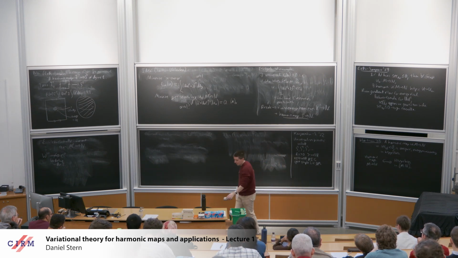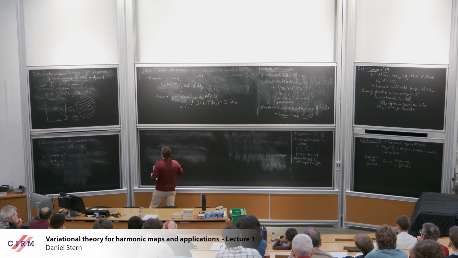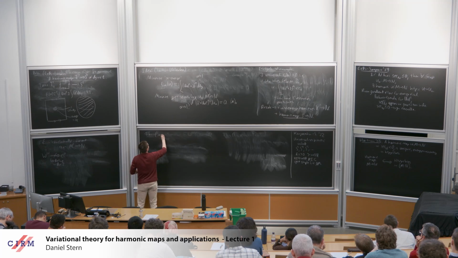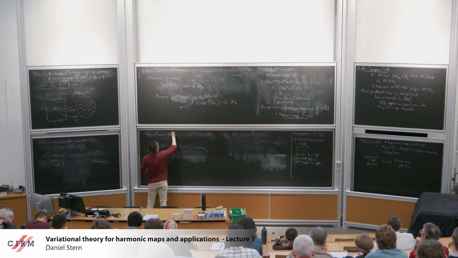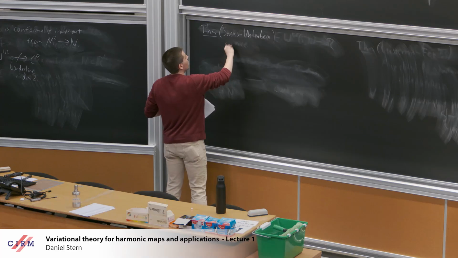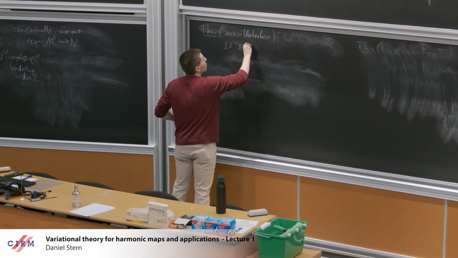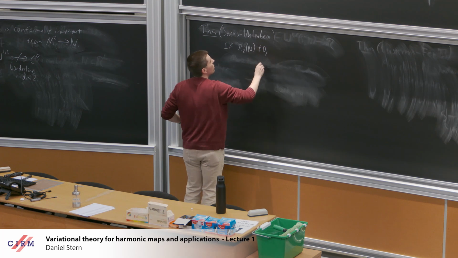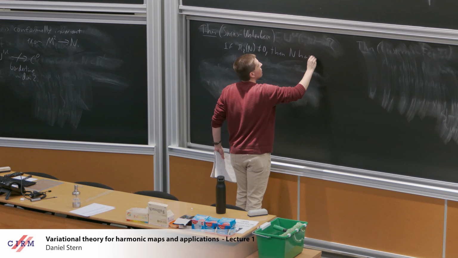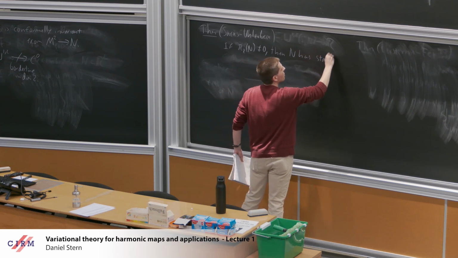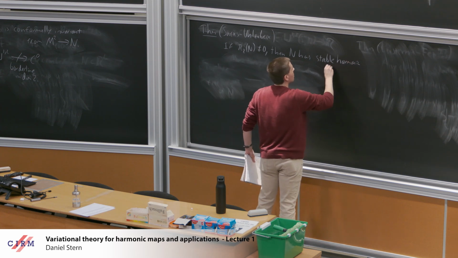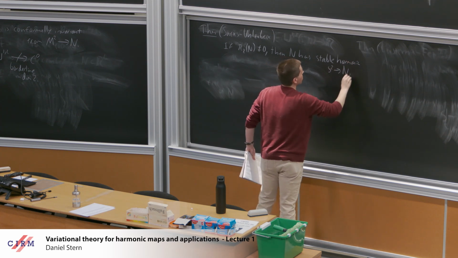So in particular you get results like the famous Sachs-Uhlenbeck existence result, which tells you that if pi 2 of n is non-zero, then n has a non-trivial stable harmonic map. In other words, a branched minimal two-sphere.